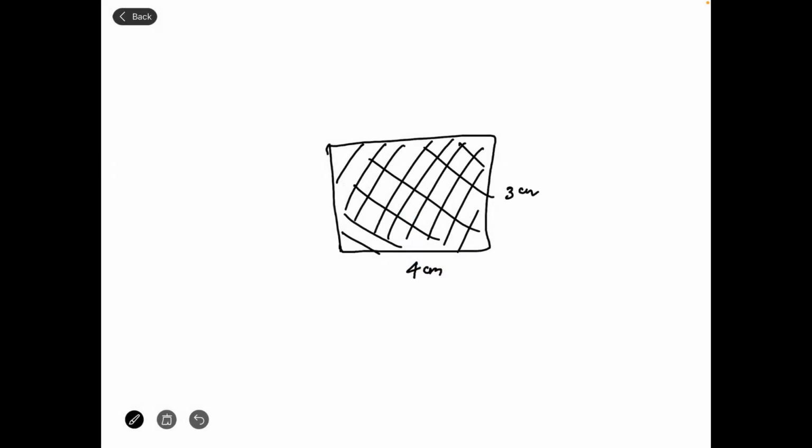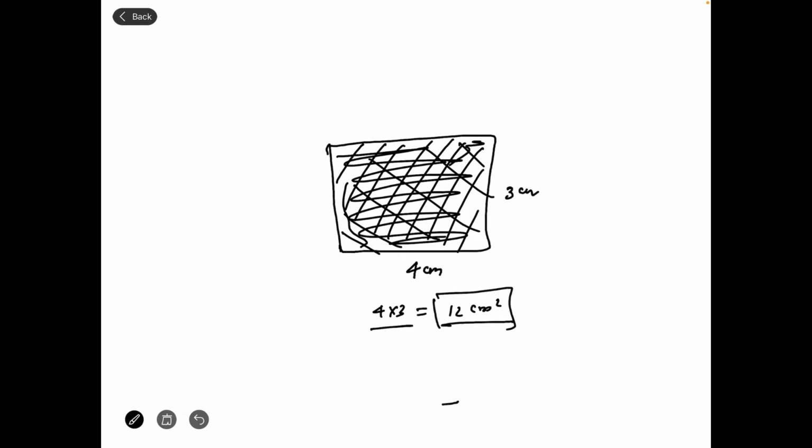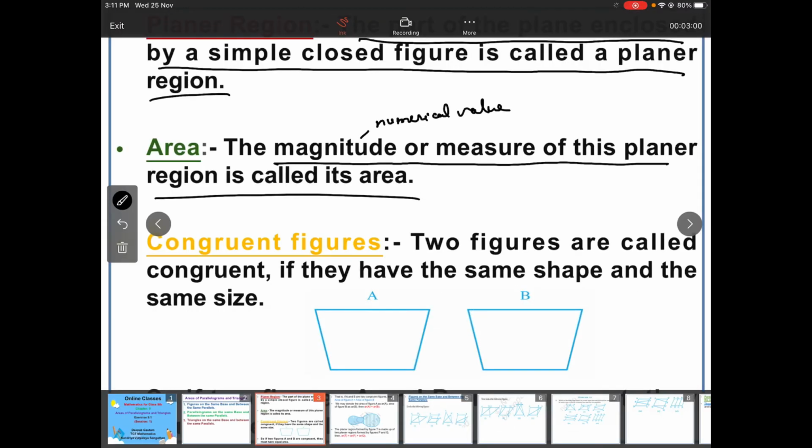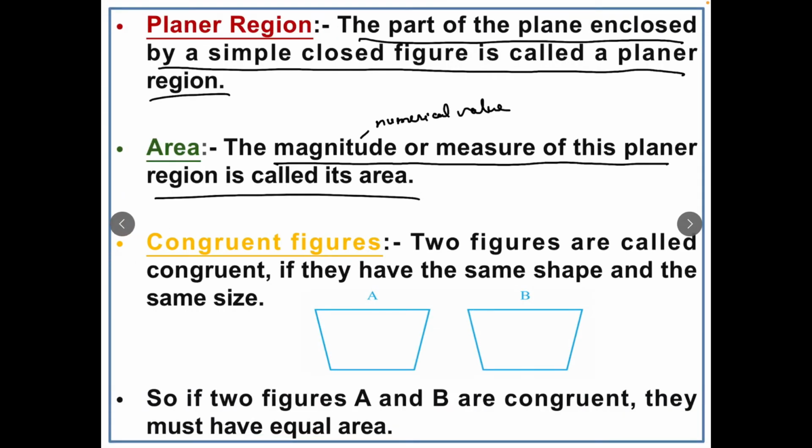When you multiply 4 into 3, you get 12 centimeter square, which is the amount of space or the area enclosed by this planar region. This is the magnitude or the measurement of this planar region, which is called its area.